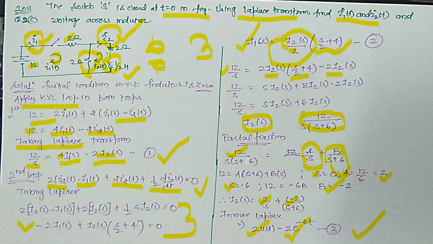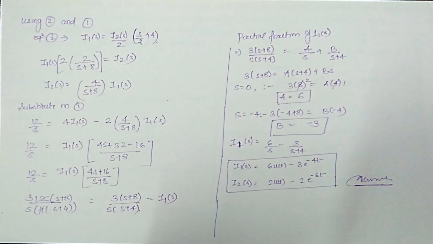Now moving to the other part, that is calculating I1(t). Again, you use equation 2 and equation 1. Please go back to the previous slide and find out what equation 1 and equation 2 are. I have already mentioned them here. If you solve that in this way, you will find that I1(s) is 3 times (s plus 8) divided by s into (s plus 4).